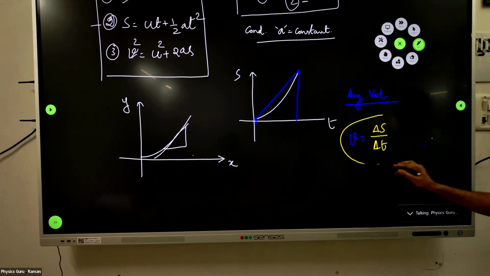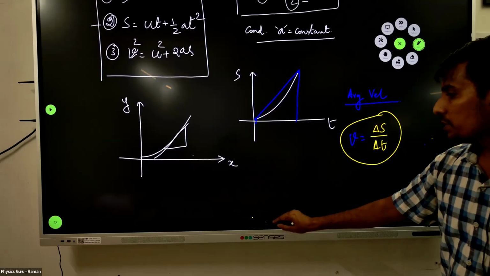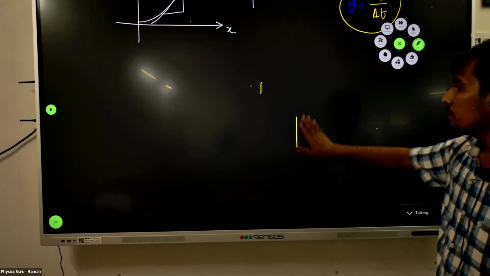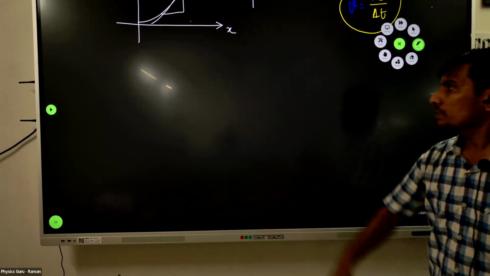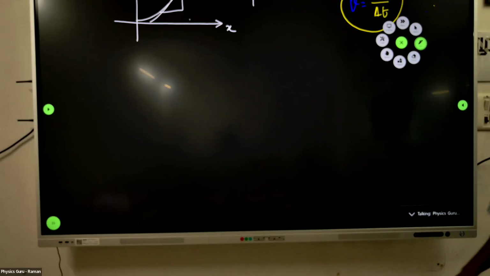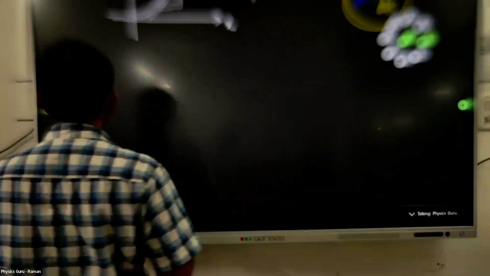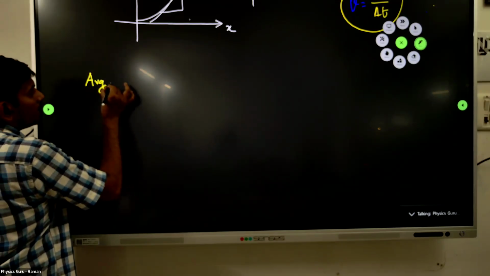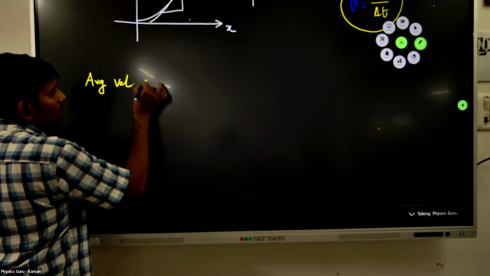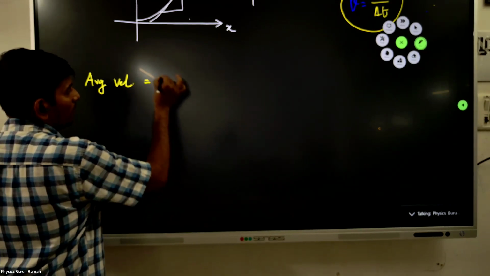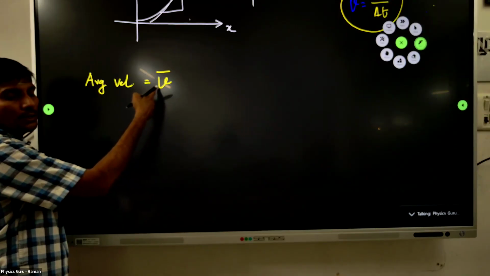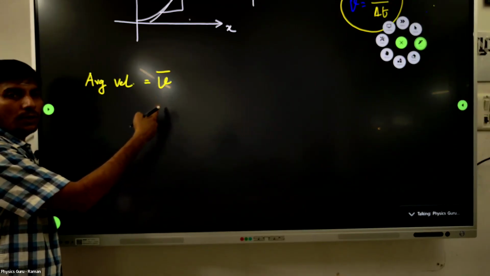Whenever you see this kind of algebraic equation, you can be very sure that the function you are writing is an average value. So average velocity is given by the equation, velocity average. Children, if I draw a line over a character, you should read it as average.